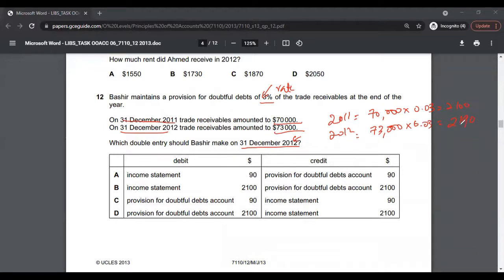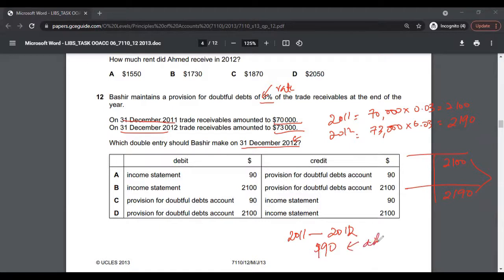So your balance for provision at the end of 2012 should be 2190. If you prepare a provision account, your balance would start with 2100 from 2011, and then this should be 2190. You see there has been an increase from 2011 to 2012, and the increase is 90.